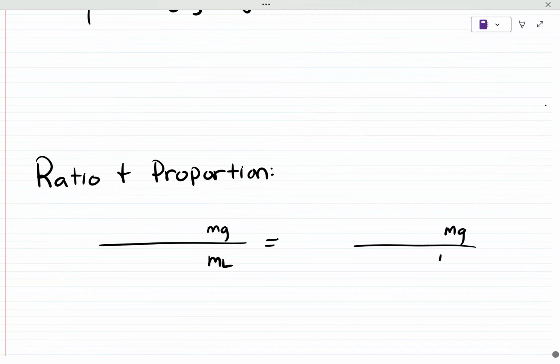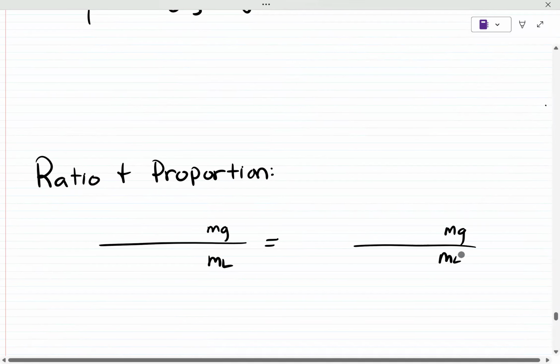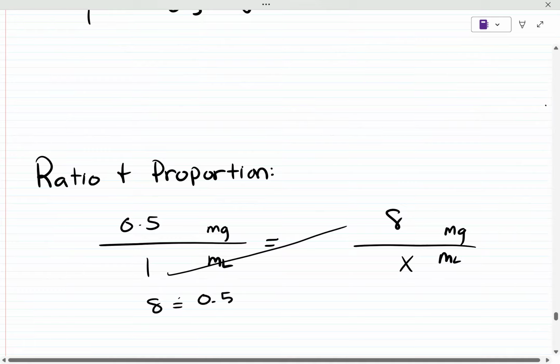We're given 0.5 mg for 1 milliliter, or 8 mg. We want to know how many milliliters are in 8 mg. Cross multiply: 8 equals 0.5x.